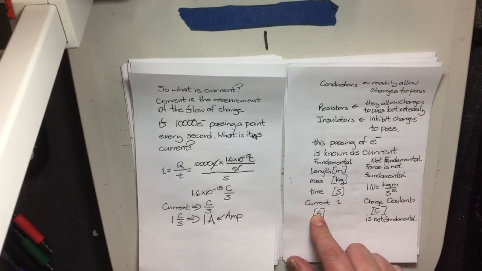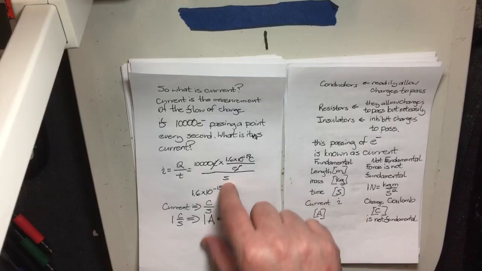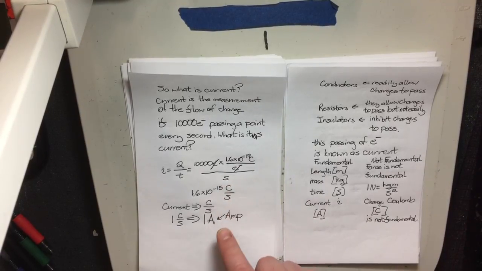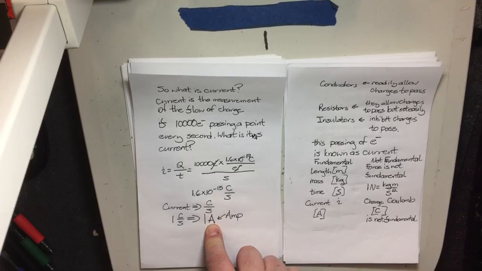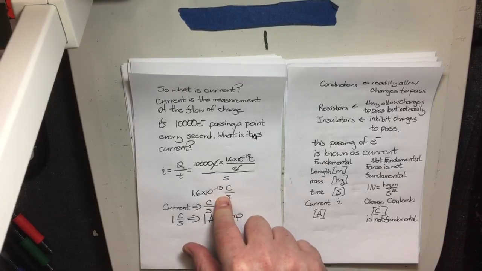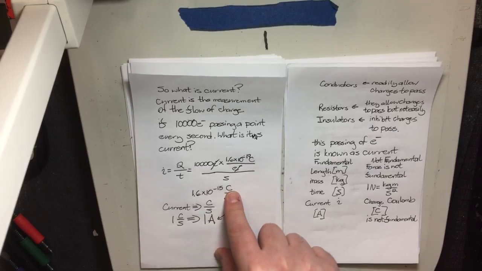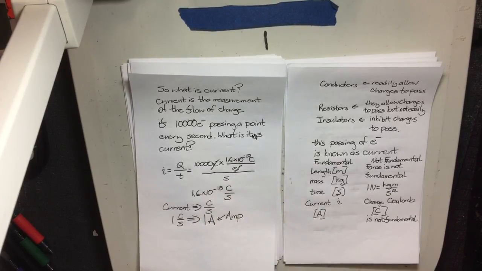However, what is an amp? An amp is a coulomb per second. So how can you tell me that this is a fundamental unit and inside is another fundamental unit? In fact, there's not only one fundamental unit, there are two units. There's a time unit and a charge unit.